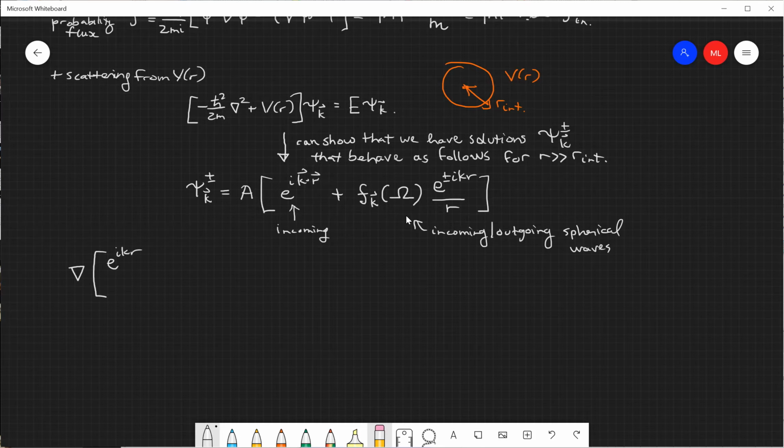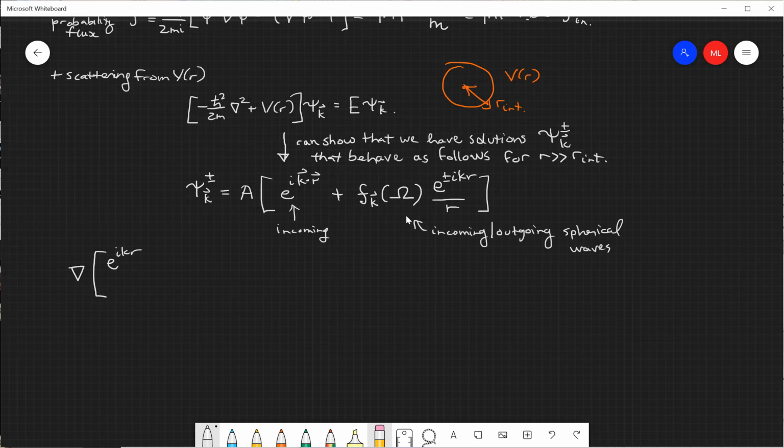It goes out. We typically throw out the incoming spherical wave. In a scattering problem, this is quite similar to the fact that, remember in one-dimensional scattering, we always throw out the wave that comes from large x from that direction. In a 3D problem, it's sort of the same. You would throw out the wave that comes in from infinity.